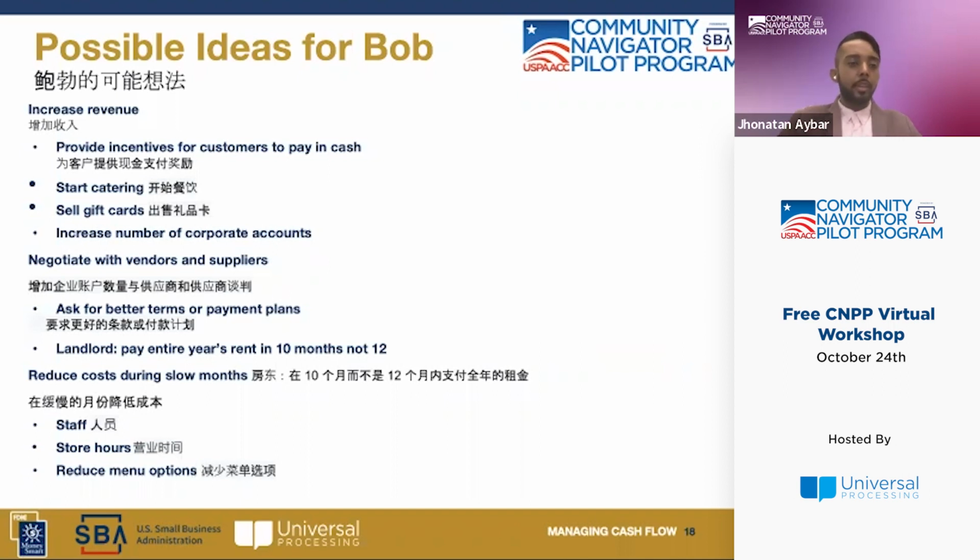There are different things that he can do to decrease the cost of inventory by renegotiating with suppliers or vendors, or postponing or making payment arrangements in a certain period so that he can prolong the time in which he has to repay for those assets.